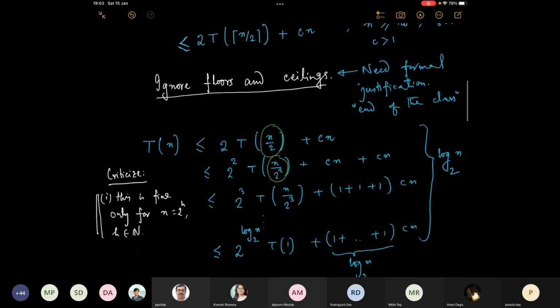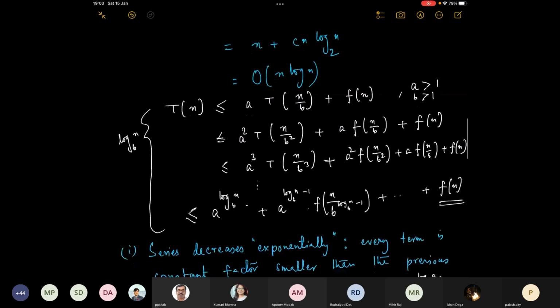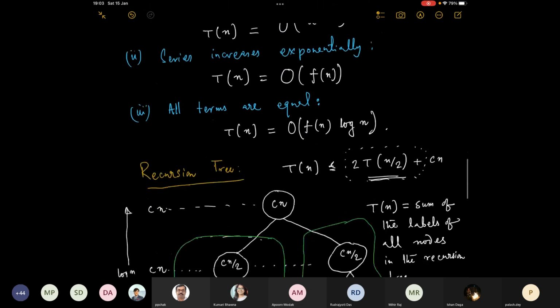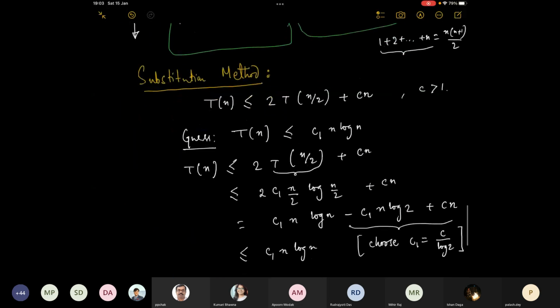And if I am really unlucky and this series is not one of these three, then it is very difficult to compactly write it. Then I can always write it, but is that right or is that tight, or can it be improved? So all those testing can be best done using substitution method.